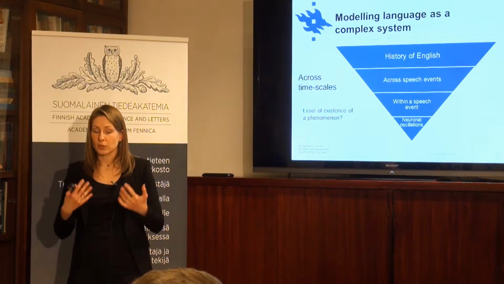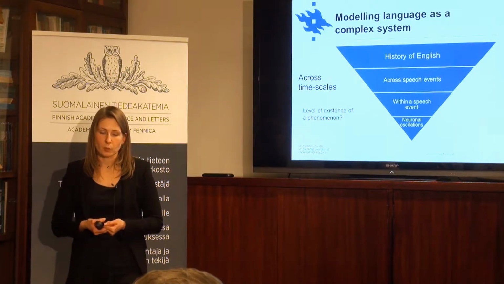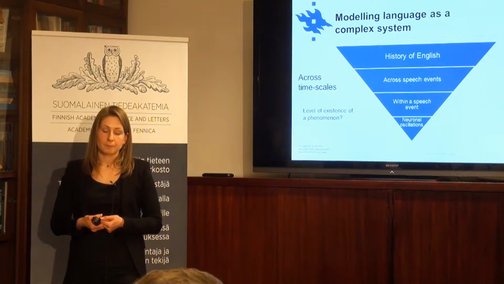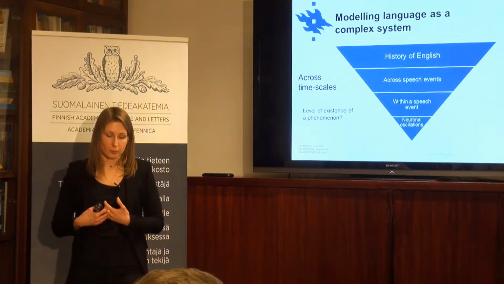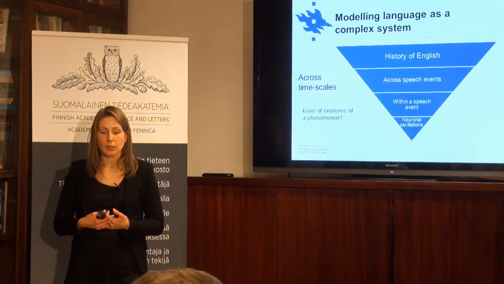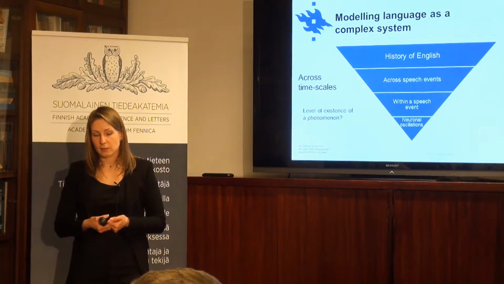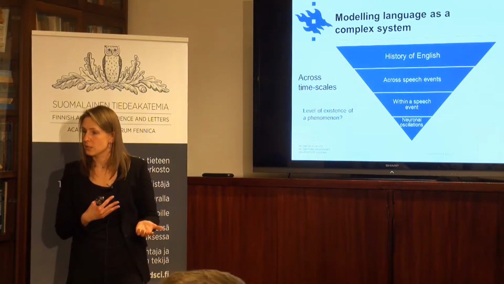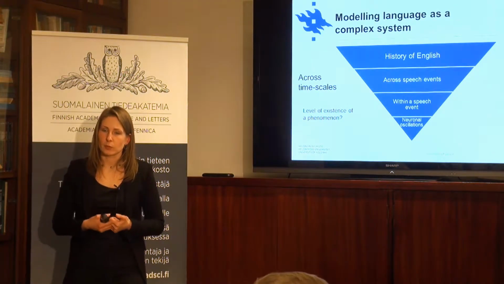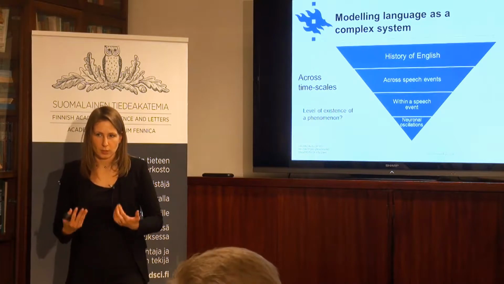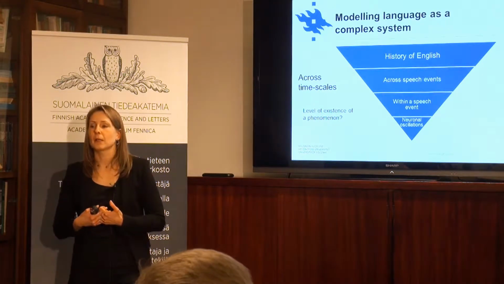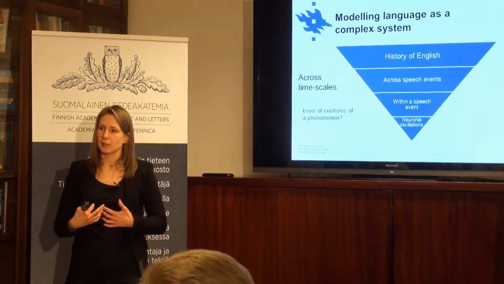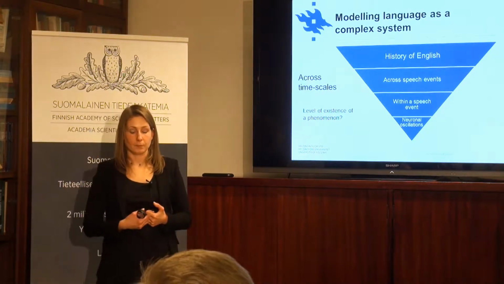And within a speech event, we talk about such phenomena as accommodation, or social construction of meaning, or social negotiation of meaning. And at the level of the individual, for instance, how somebody's previous language background might influence the kind of choices that I'm making online. So the online time scale would also be quite different.